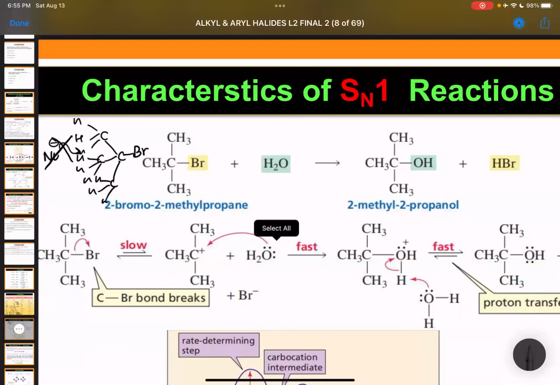Why can't it happen on sp3 carbon? Krishna and Mohammed, tell me quickly. Because carbon is tetravalent. Yeah, carbon is tetravalent. It can happen on silicon. It happens on silicon and sulfur, where they can make more bonds, but carbon cannot make more bonds, so it is not possible that the nucleophile comes and joins the carbon and then the leaving group goes away.